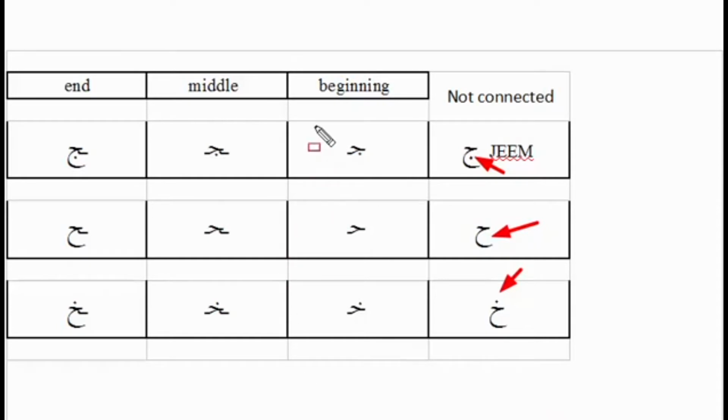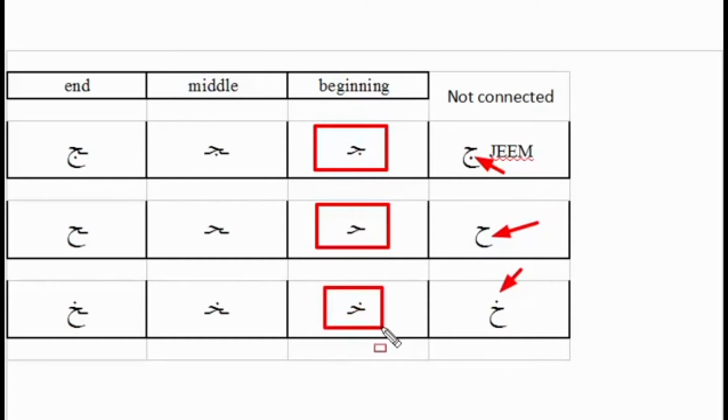Ja is the same as Ha, the same as Kha. The only difference between them is the dot. This one, the one at the top, Ja, the dot is underneath. The Ha has no dot at all. The Kha has a dot on the top. All right.